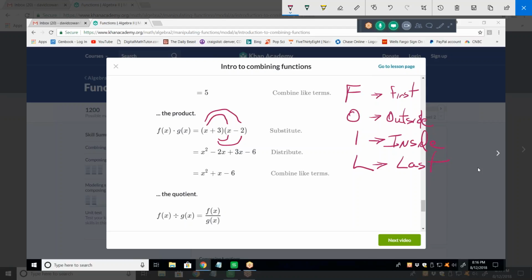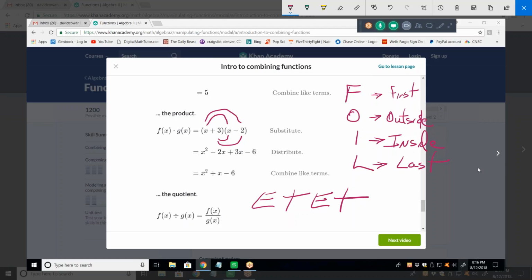Now, I prefer ET, which is every term by every term. Notice that that's what I'm doing there. I'm taking the x, I'm multiplying it by both of the other terms, and then I'm taking the plus 3, and I'm multiplying it by both of the other terms. I'm adding them all together.